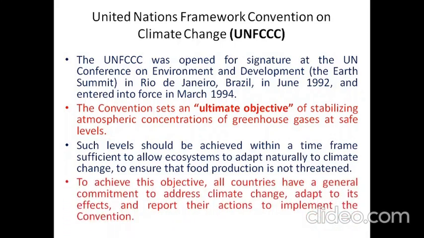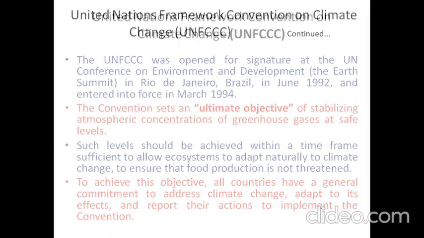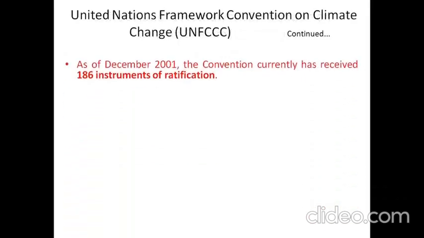To achieve this objective, all countries have a general commitment to address climate change, adapt to its effects, and report their actions to implement the convention. As of December 2001, the convention has received 186 instruments of ratification.